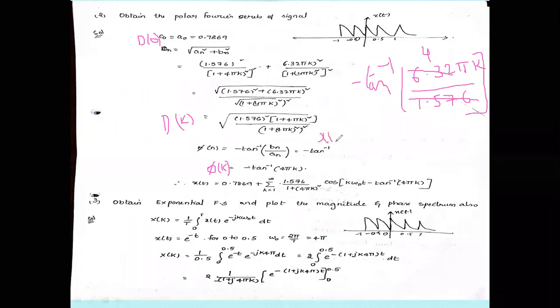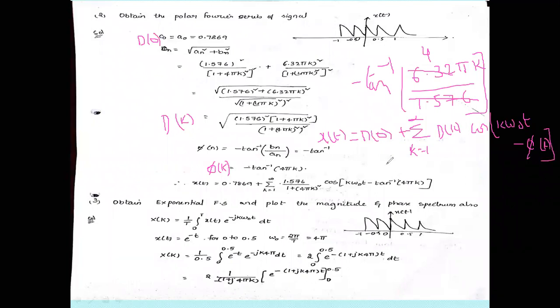X of t is equal to D of 0 plus the sum of k equal to 1 to infinity of D of k, not A of k, it is D of k, my dear students, into cos of k omega naught t minus phi of k.